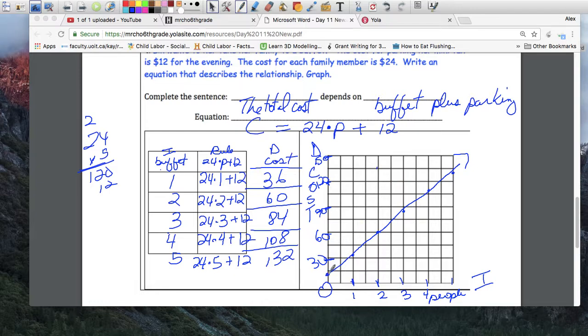You still have the cost of the $12, even if maybe an emergency came up and you decided to walk out of the restaurant and not eat anything. Before you actually sat down, you were still charged the $12 for parking, and that's that.